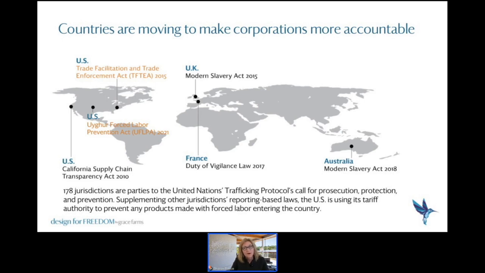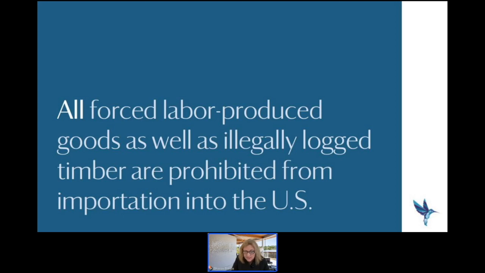Right now, there are between 1,000 and 2,000 cargo shipments being held up at the border, and many of those do include solar panels, right? So these are starting to become effective ways for enforcement of what are global laws.